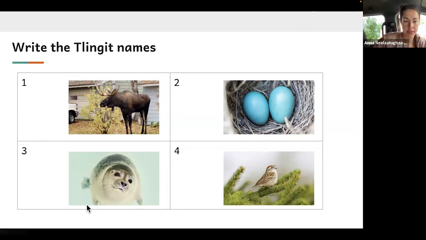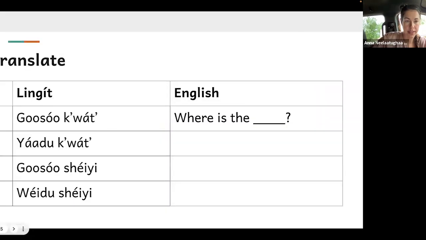Okay, and next part, go ahead and write the translations here. I gave you a hint on the first one.